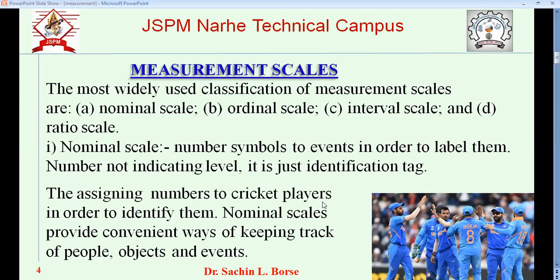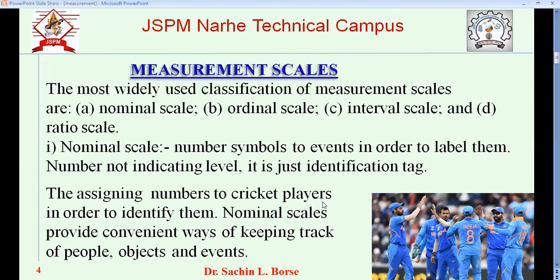Now, when we come to research methodology, it is not restricted to engineering science or any particular branch. So we need to understand what the different measurement scales are. We'll see that there are four measurement scales.